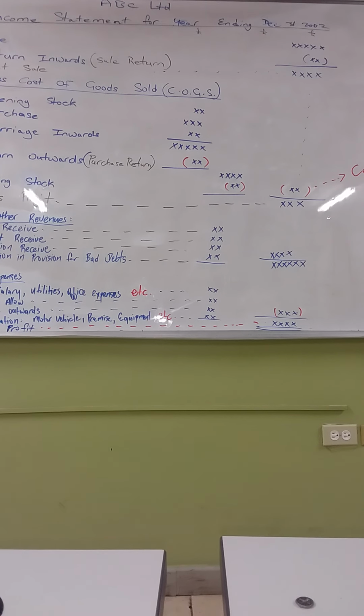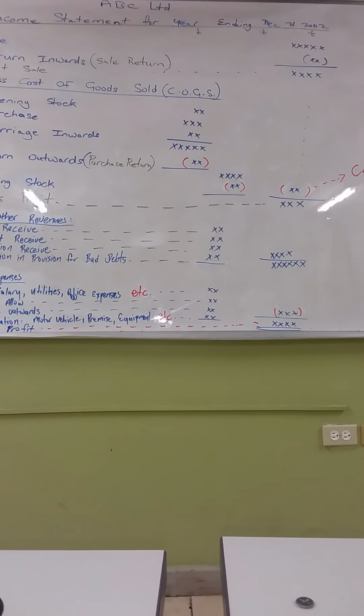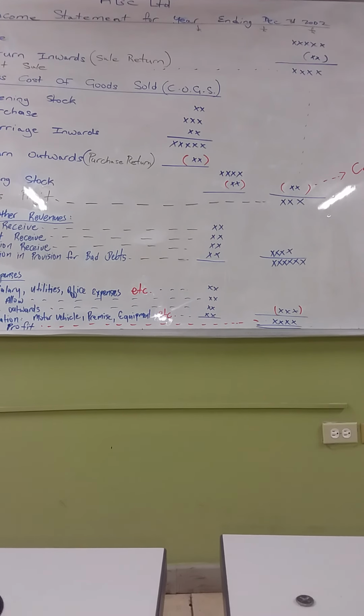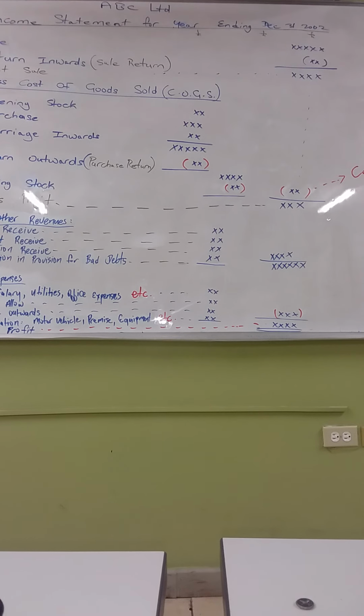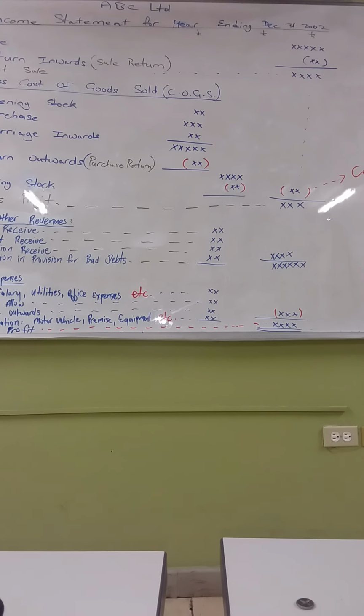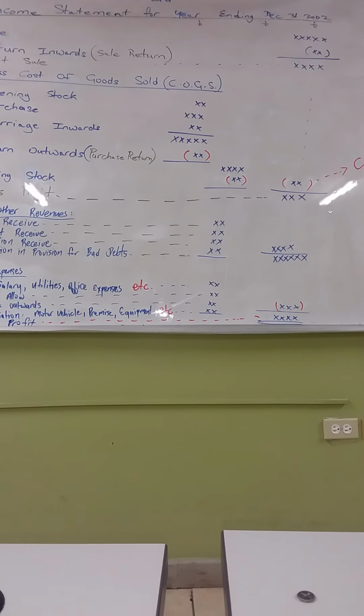Now when you minus 110 from 105, we'll get a minus 5,000. Now that signifies that the company did not make a net profit, but rather they made a net loss of 5,000, right?